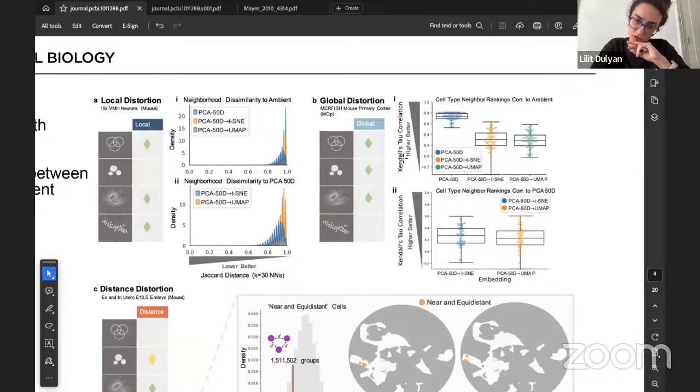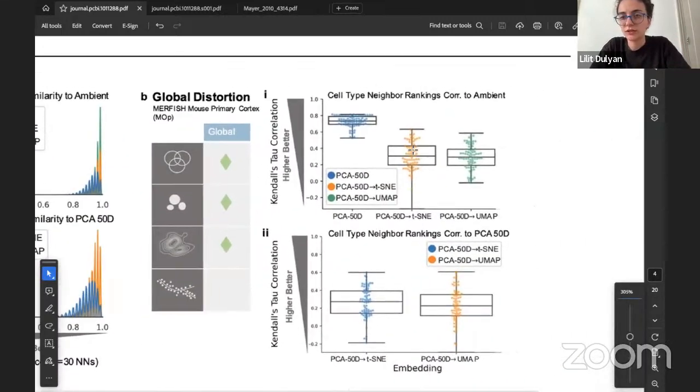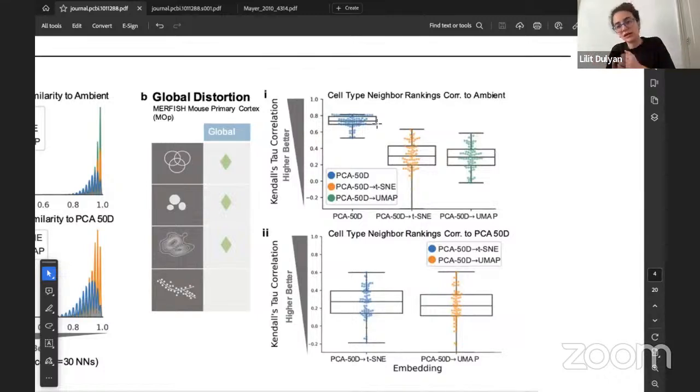In this case, we have a Kendall-Tau correlation instead of Jaccard distance. And here, the closer to 1 the correlation is, it means there is a similarity between ambient space structure and embedded space structure.